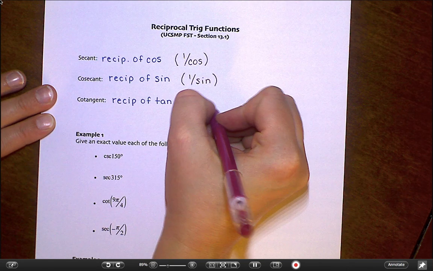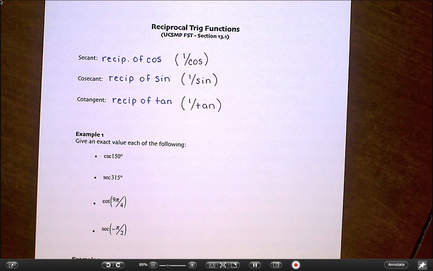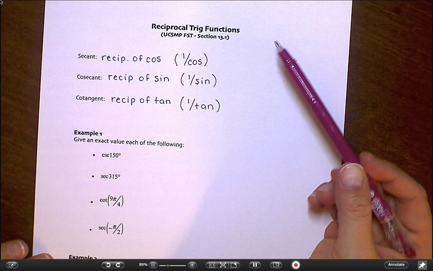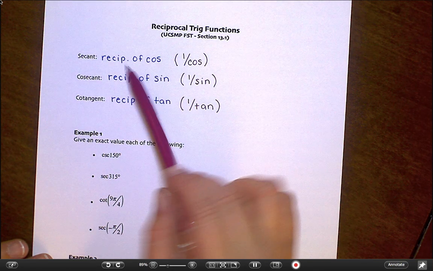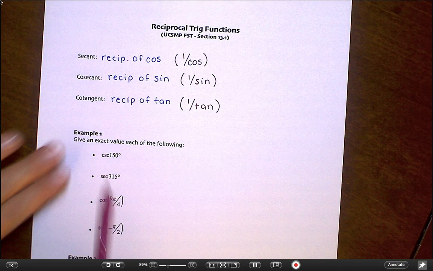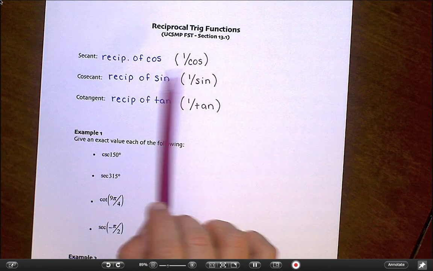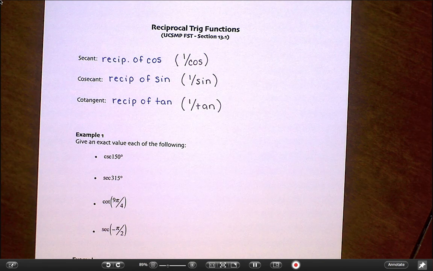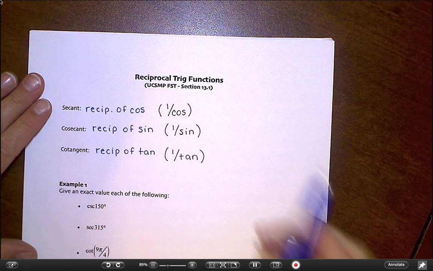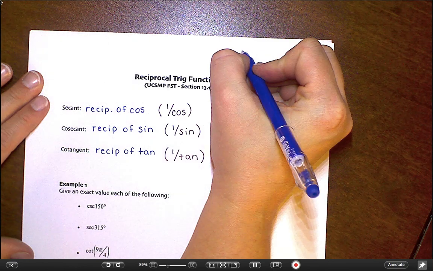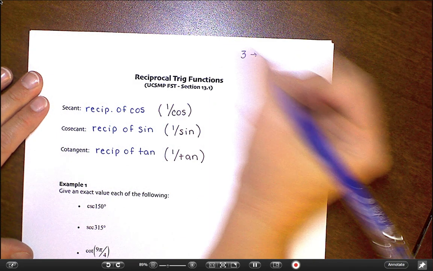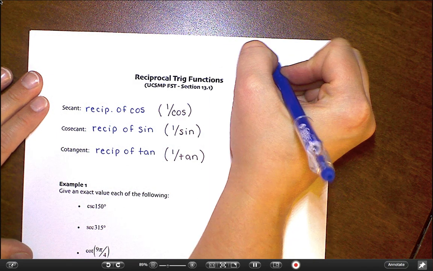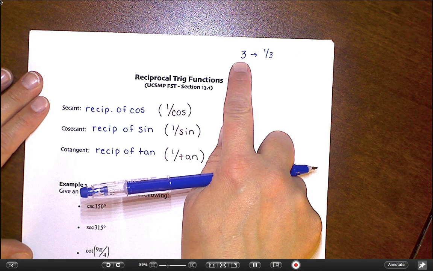The reason I don't lead with that, the reason I don't start with writing them that way, is sometimes we lose sight of the fact that if it's already written as a fraction, and you're going to see that down here in these ones here, you don't mess around with this 1. So just as an example, and I don't know that you need to write this down, if I ask you for the reciprocal of 3, like I just said, you would tell me it's 1/3, because we can kind of pretend there's a 1 underneath this 3.